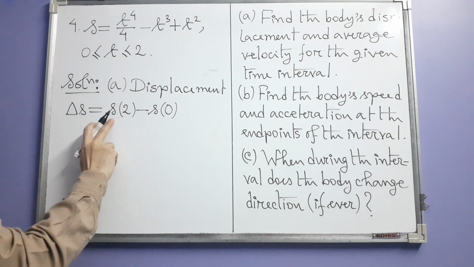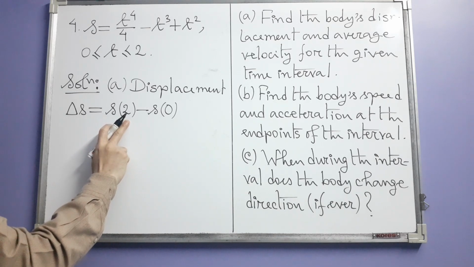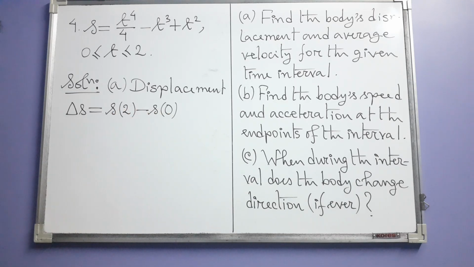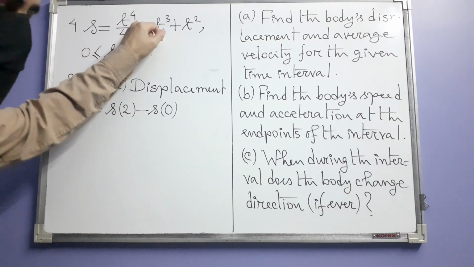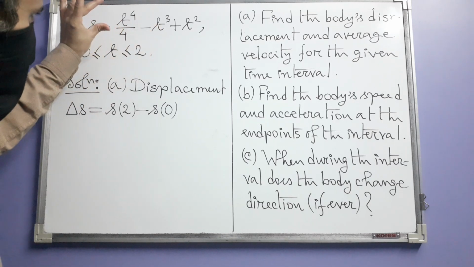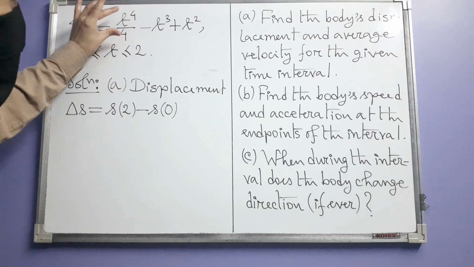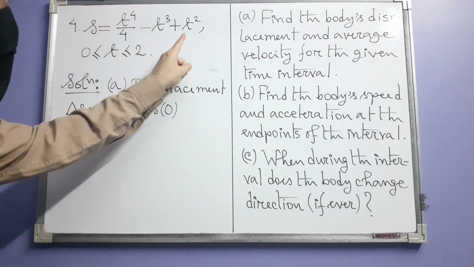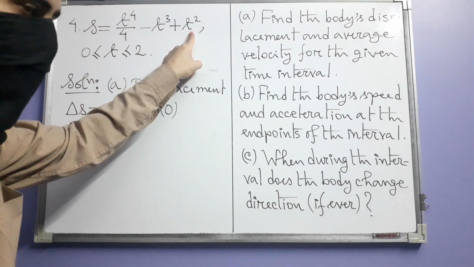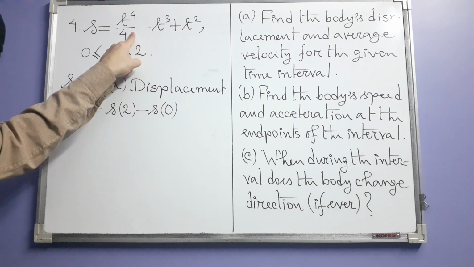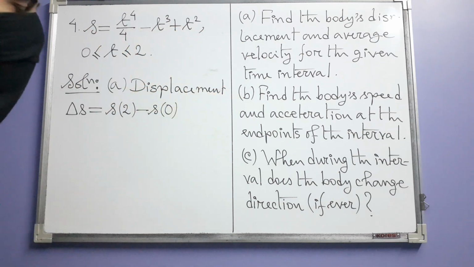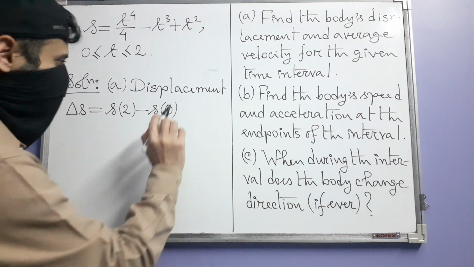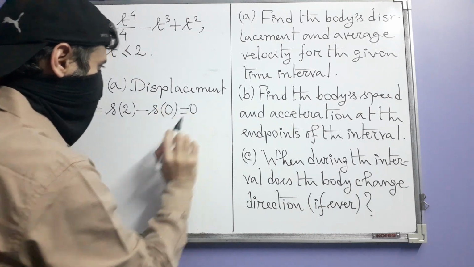So you have to calculate s of 2. Let's do it mentally. The 4th power of 2 is 16, 16 divided by 4 is 4, so this term is 4. And 2 square is also 4. 4 plus 4 is 8, whereas 2 cube is also 8. 8 minus 8 is 0. That means s of 2 is 0.